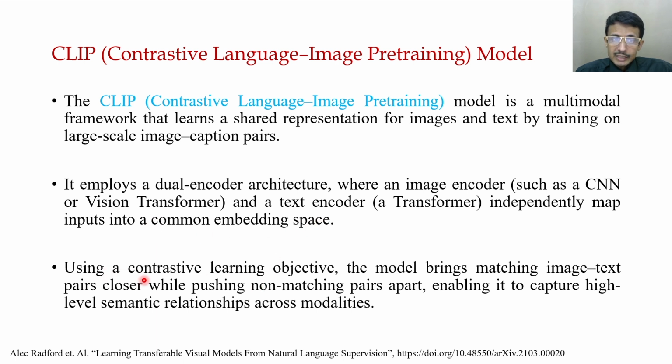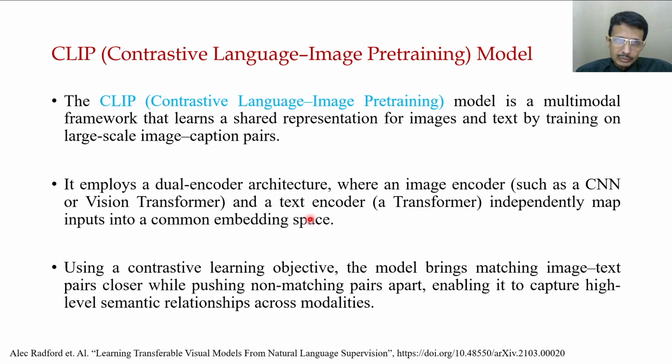Next, using a contrastive learning objective. And what is contrastive learning? The model brings matching image-text pairs closer while pushing non-matching pairs apart, and that is contrastive learning, enabling it to capture high-level semantic relationships across modalities. So in CLIP there are two major things. One is contrastive learning, another is multimodal modeling, by projecting the image and the text into a common embedding space.